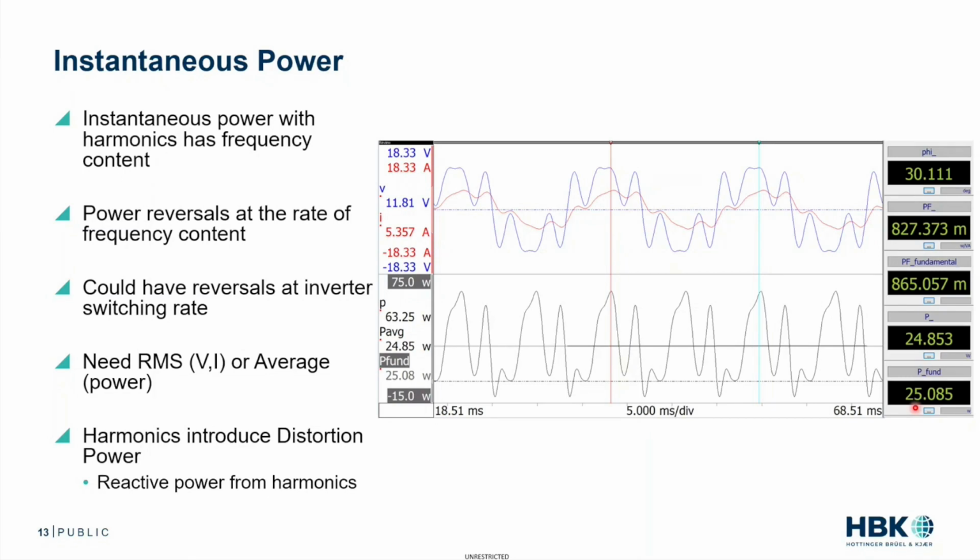I'm giving practical examples. If you want to go through math, please hit me up offline. I don't like doing the dissertation thing. But this is a real issue of which frequencies am I interested in? Because in theory, if I took this signal and filtered it down to its fundamental, I'm going to see more power than is actually being produced at the output of the inverter.